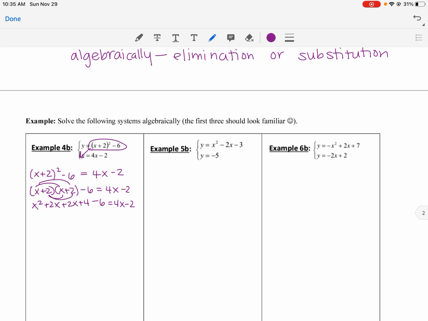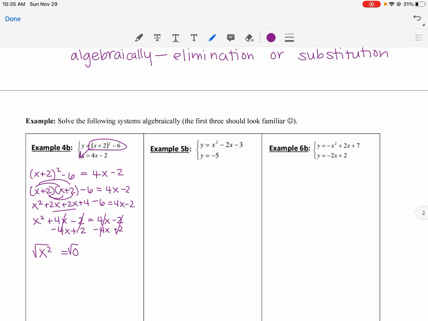I'm going to combine the left side: x squared plus 4x minus 2 equals 4x minus 2. Now I have to move it to the other side and solve for 0. We've been doing this a lot, so I add 2. Then we get just x squared, the 4x cancels, and so does that, equals 0.